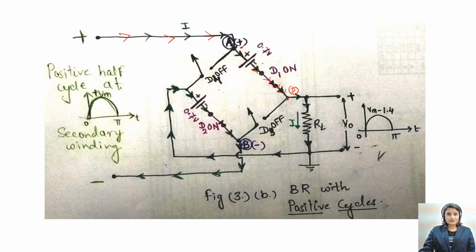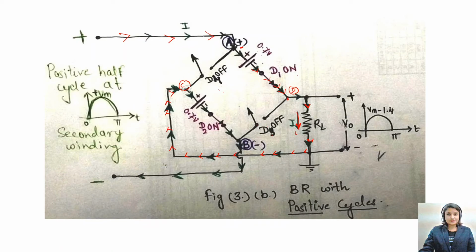The current flows through RL, and the current flowing through RL is IL. Then the current will move towards the point C. It will never go towards D4 because no path is there.